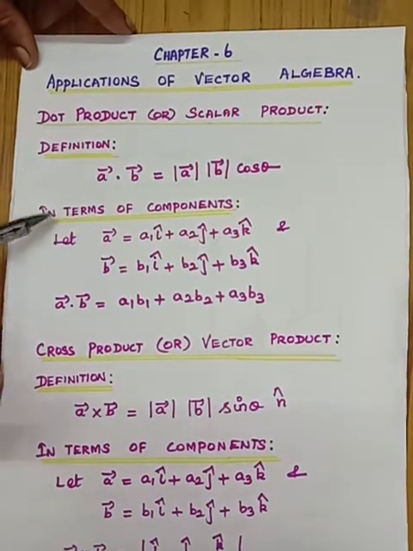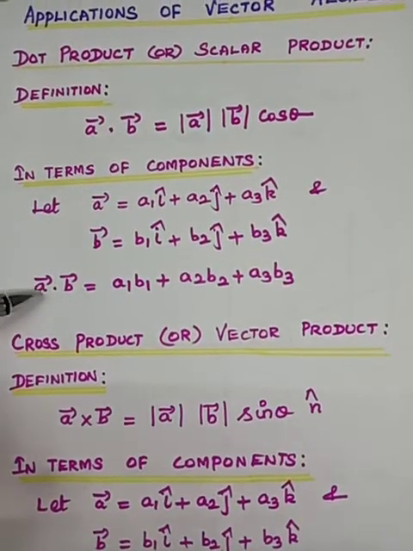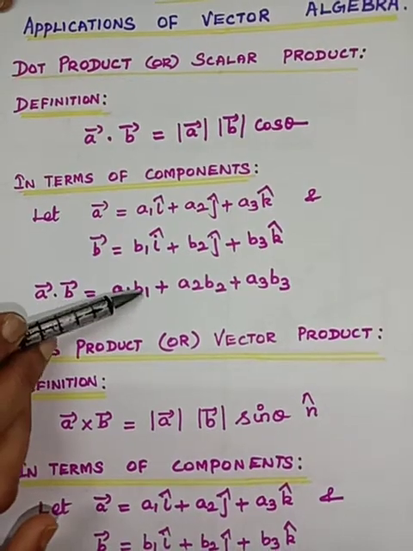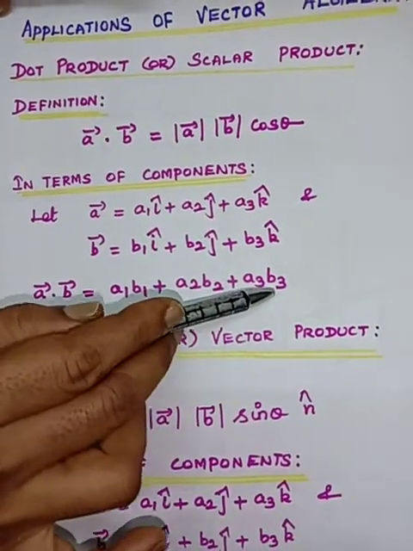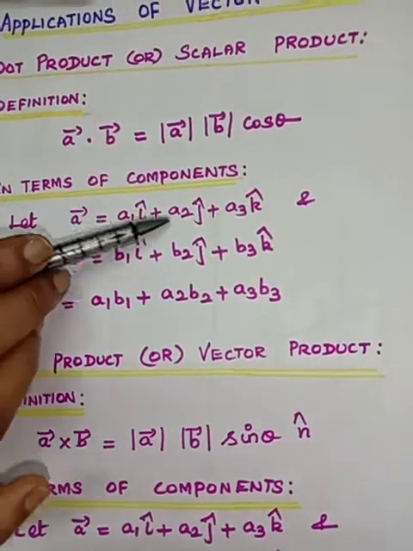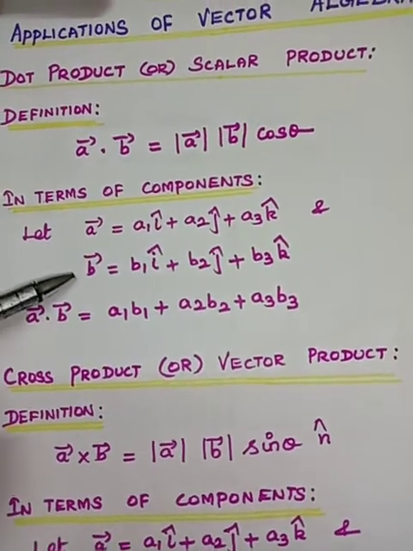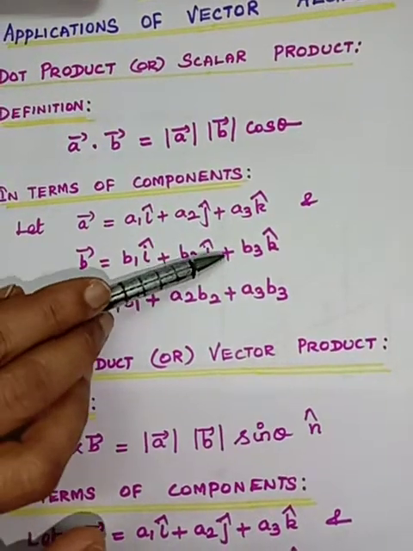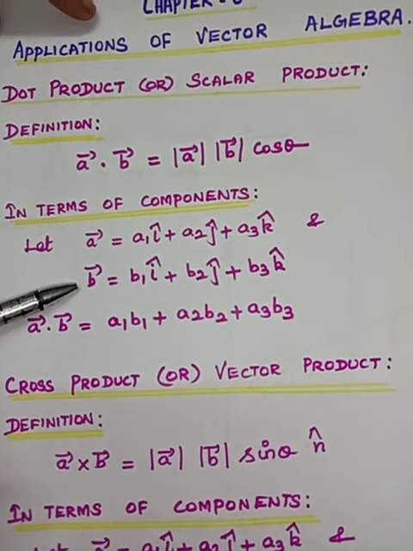In terms of components, the dot product can be written as a vector dot b vector is equal to a1 b1 plus a2 b2 plus a3 b3, if your a vector is equal to a1 i cap plus a2 j cap plus a3 k cap, and b vector is equal to b1 i cap plus b2 j cap plus b3 k cap. The a vector and b vector are given.